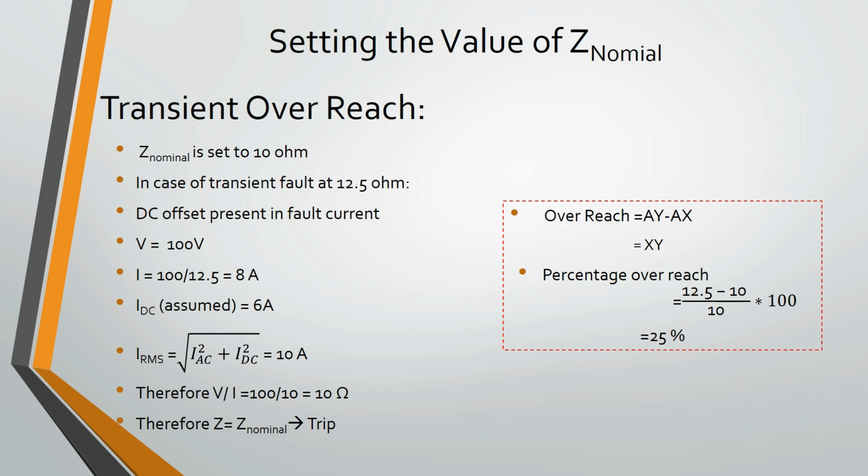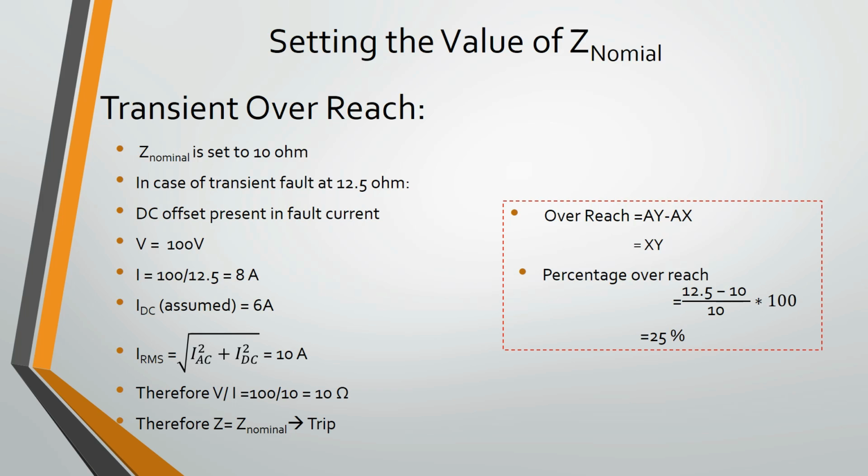So, even in this case, the circuit breaker receives the tripping command. This was the concept of transient overreach, which was more than the 100%. So, if we set the value to 100%, it will extend up to 120% of its entire length.